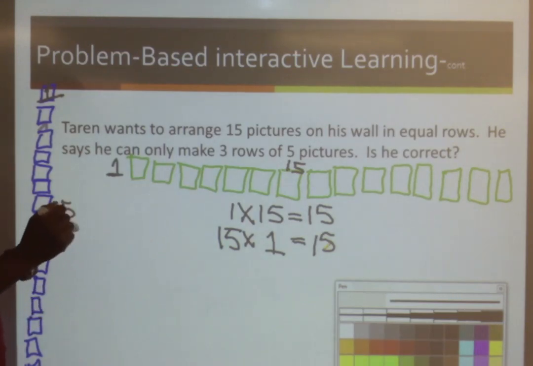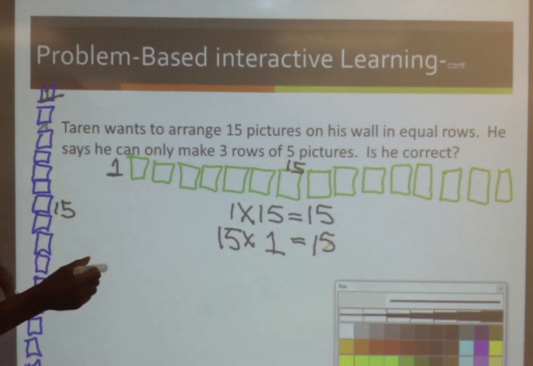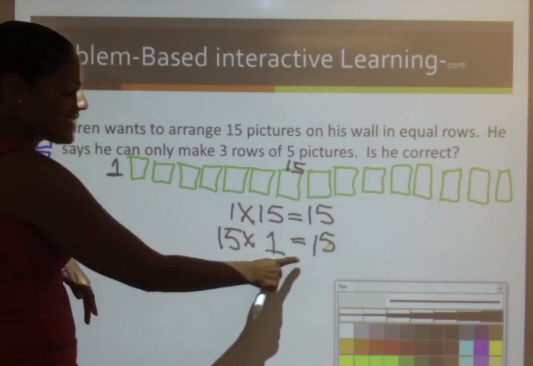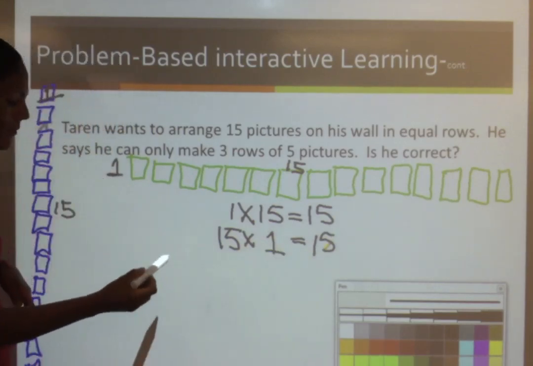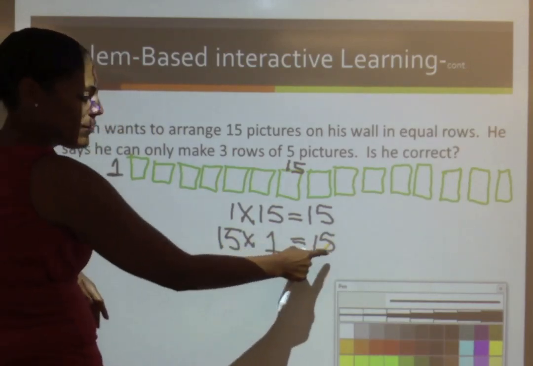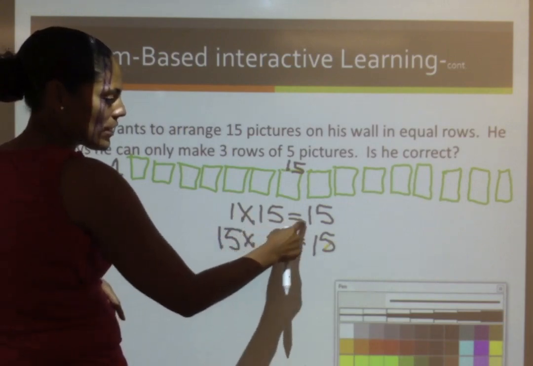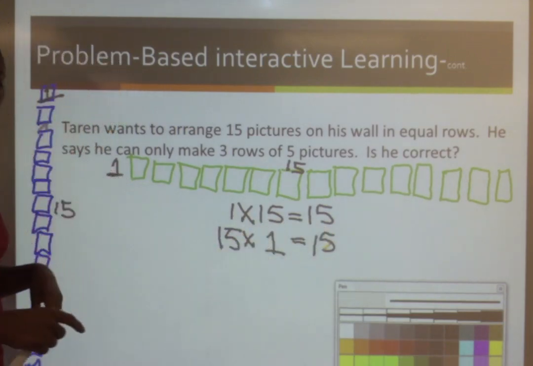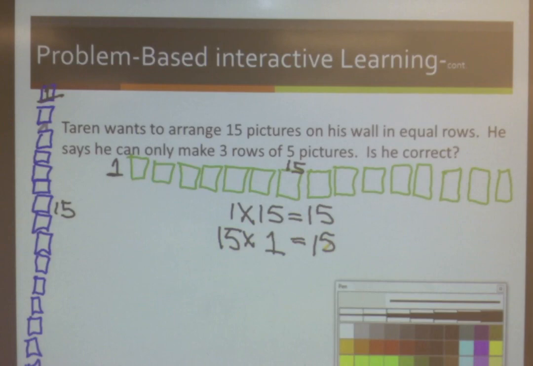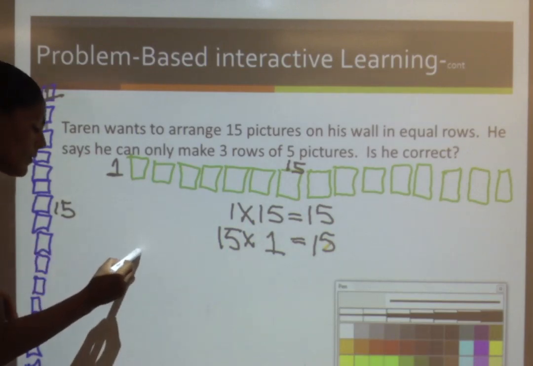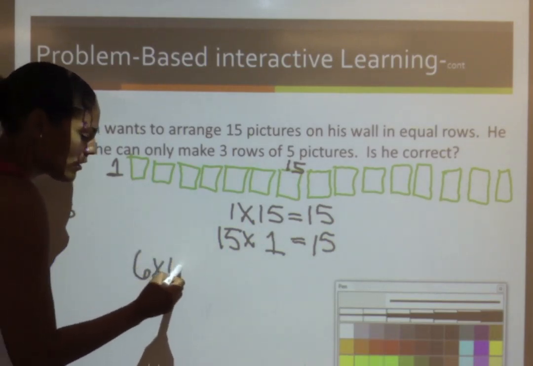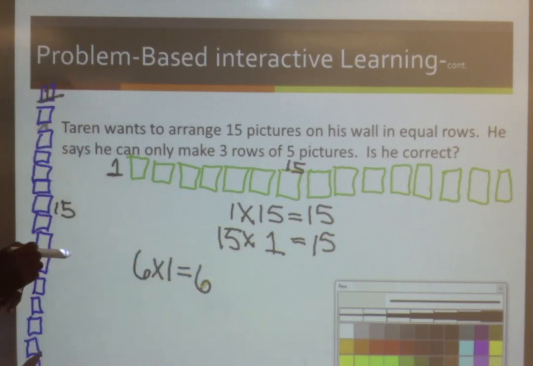This is also an example of another property. This is called the identity property, which means anything times 1 is that same number. So 15 times 1 is 15. 1 times 15 is 15. What if I multiplied 6 times 1? 6 times 1 would still be 6.